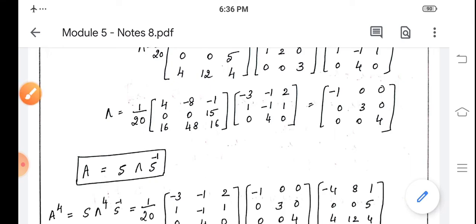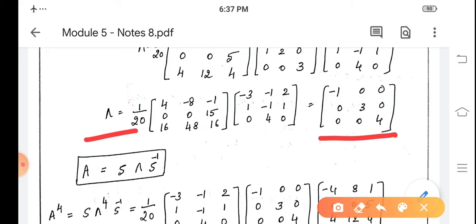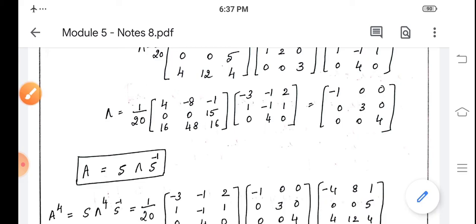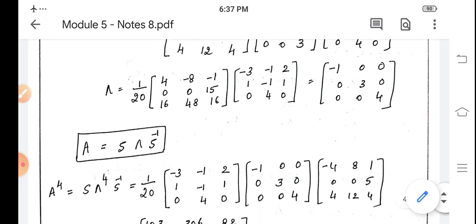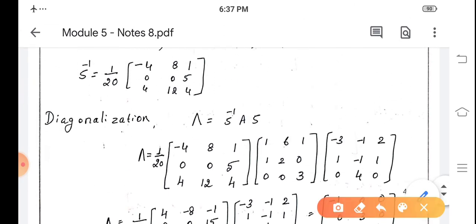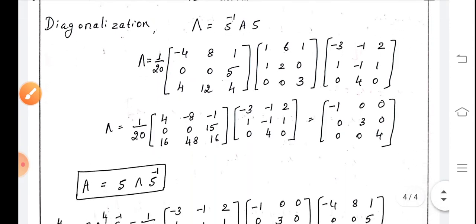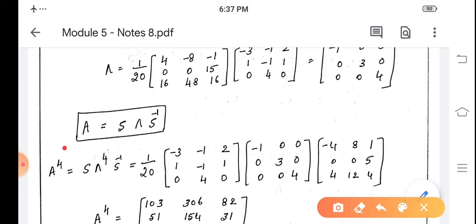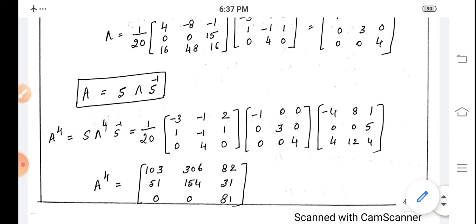So this is the diagonalization of the given matrix. We can observe that the diagonal entries are the eigenvalues -1, 3, 4. So diagonalization is capital Lambda = S inverse AS. We can factorize A as A = S Lambda S inverse.